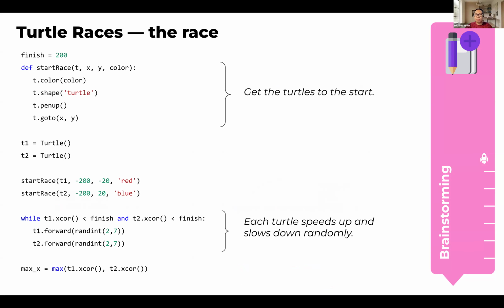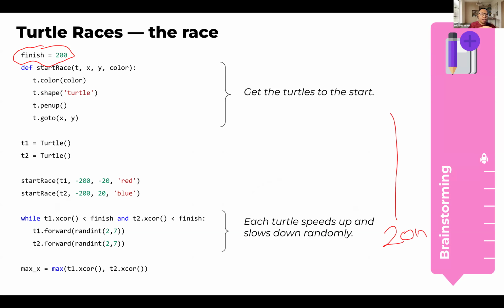Okay, let's see the big picture of how to make this code. First things first, you have to prepare a variable for your finish line. If you remember, when we made our project last meeting, 200 was the limit, right? For this one, 200 is the limit and also the finish line.